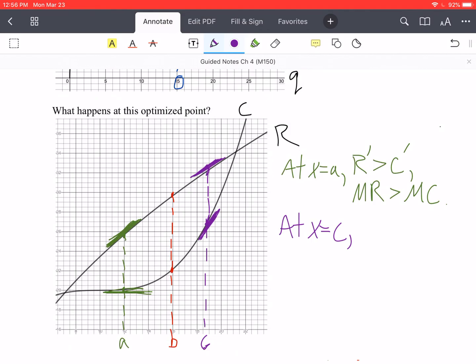In this situation, notice the revenue graph is still growing, but now the cost graph has a steeper incline at this point. So C prime is greater than R prime, right? So in this case, marginal cost is greater than marginal revenue.